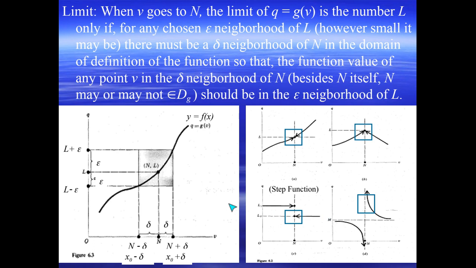One part of the step will remain, the other part of the step will remain outside the frame. So here this function doesn't have a limit, because not all the x's around n remain in the frame when I diminish epsilon to less than the distance between L1 and L2. You see, this is how the limit doesn't exist.